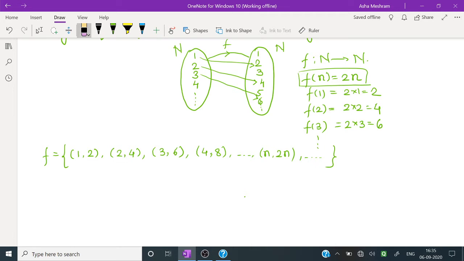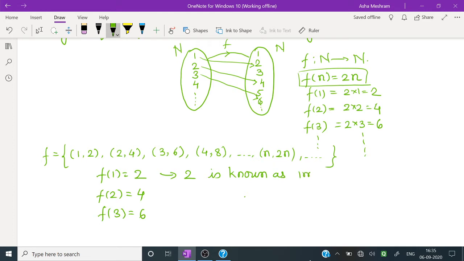As we can take here, f of 1 is equal to 2, f of 2 is equal to 4, f of 3 is equal to 6, and so on. So here 2 is known as image of 1.